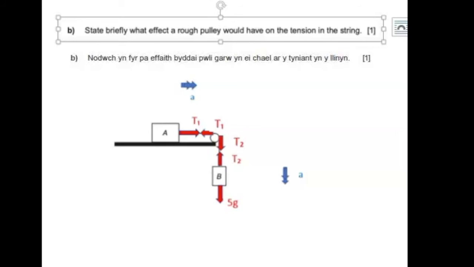If we now consider the forces on the pulley, there is a horizontal force T1 to the left, the same as the tension T1 to the right acting on A, and there is a downwards force T2 which is equal and opposite to the tension T2 acting on mass B. This is because it is the same piece of string and the tensions there will be equal and opposite.